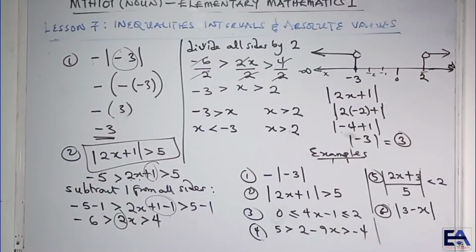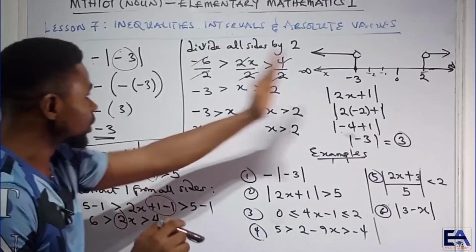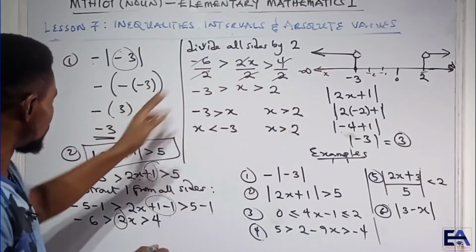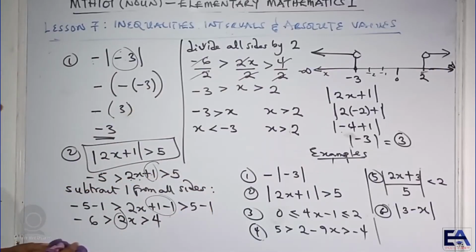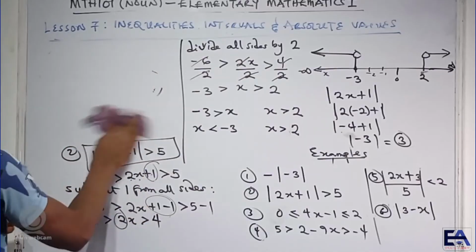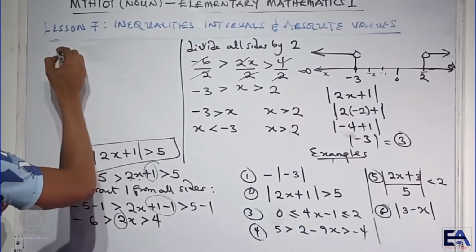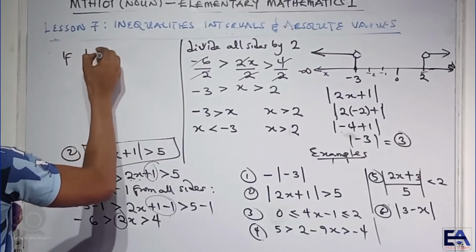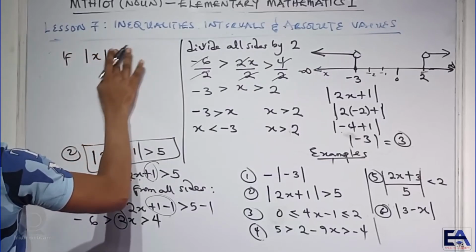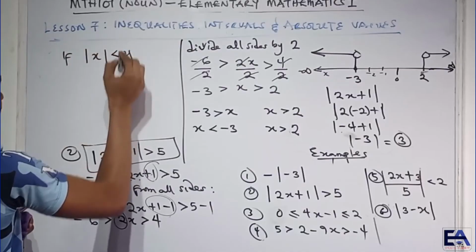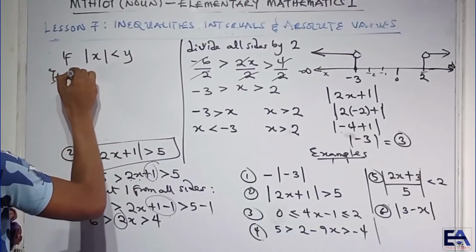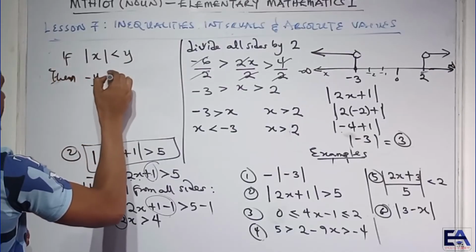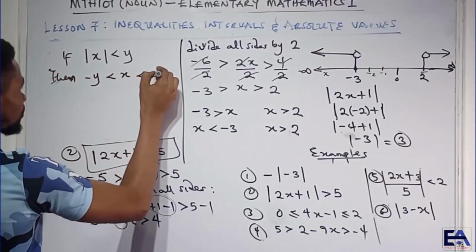And that is it. So remember that the direction of the inequality is what determines the direction of how you place this thing on both sides, okay? So recall the rule. The rule says that if the absolute value of x is less than y, then minus y is less than x, then less than positive y.